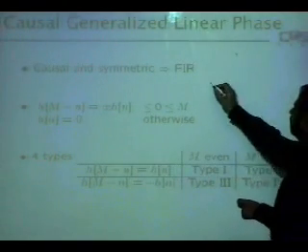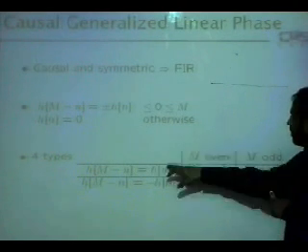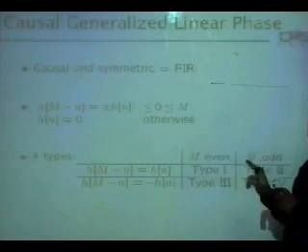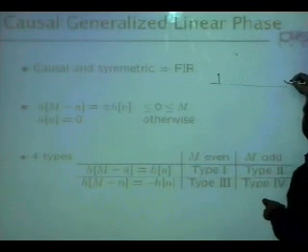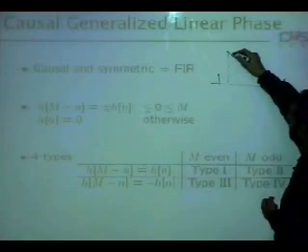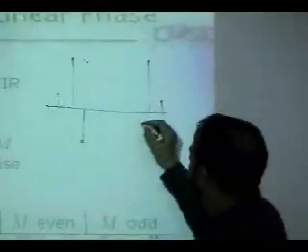So it means that if you are designing an FIR filter, you design it in a way that it falls in one of these categories. That a sample in the impulse response here should have exactly the same sample here. It is symmetrical. A sample here should have a sample here. A sample here should have a sample here.